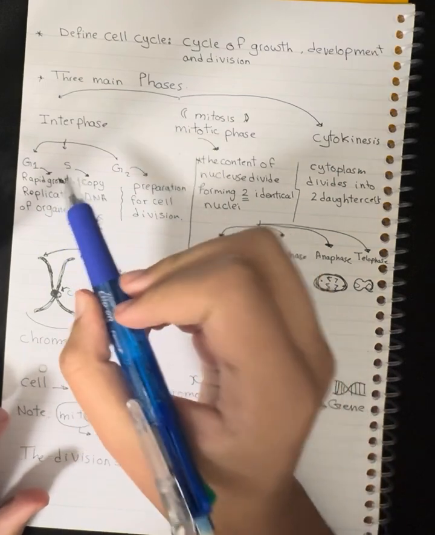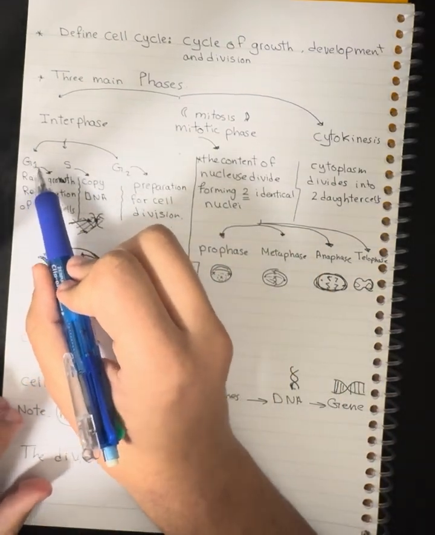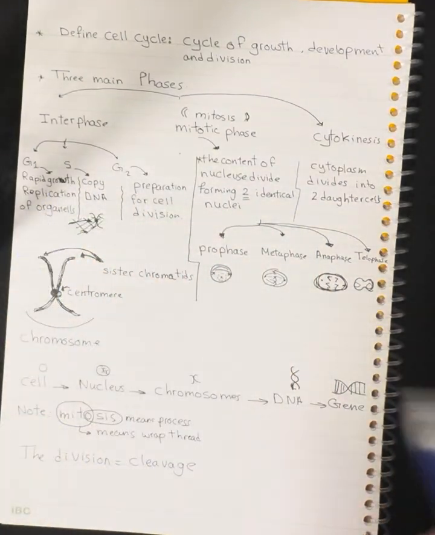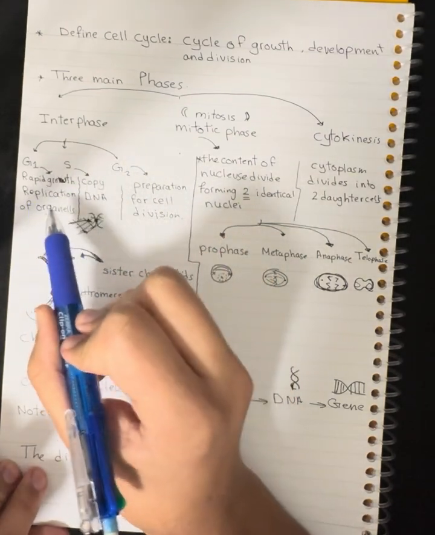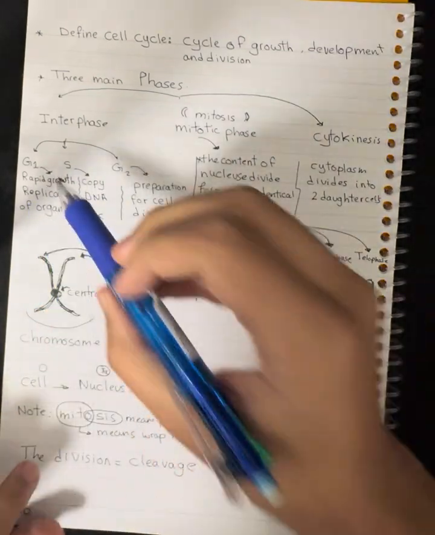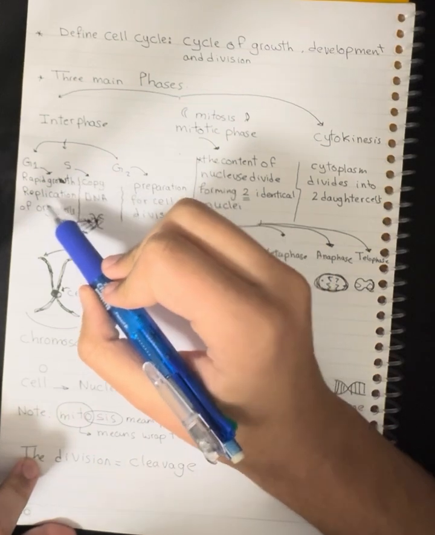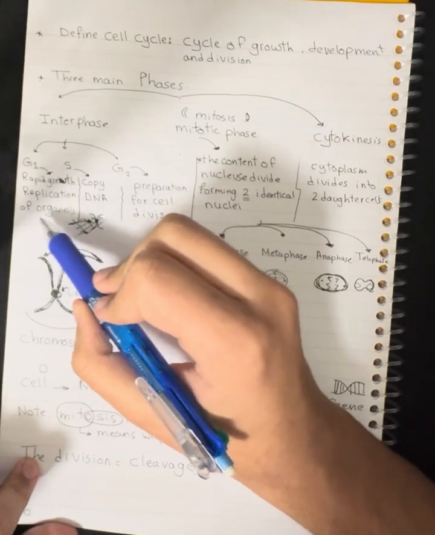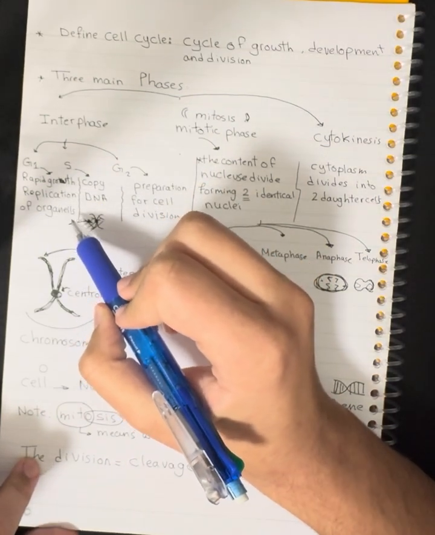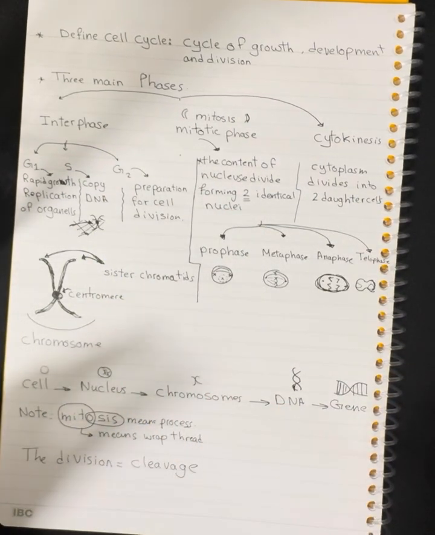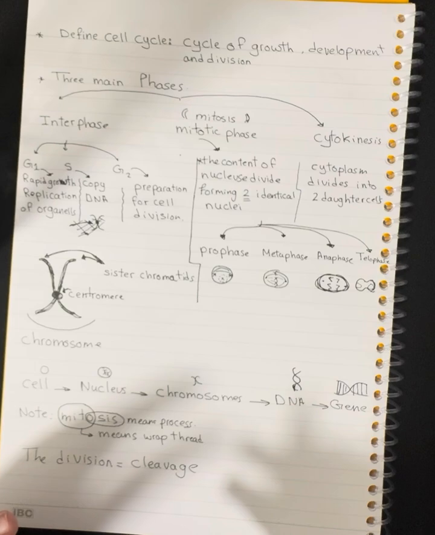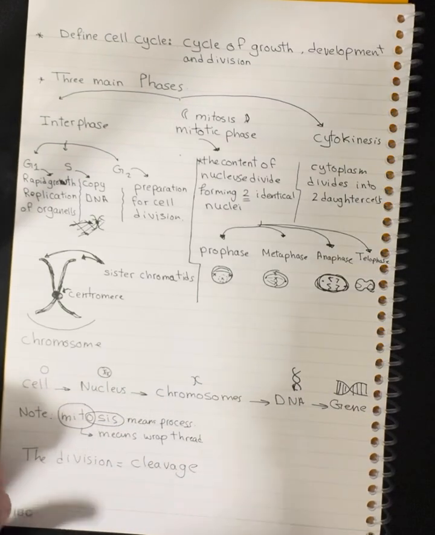Interphase has a stage called G1, or gap 1. In this phase, rapid growth and replication of organelles happens. What I mean by rapid growth is that the cell grows bigger in a really fast way.